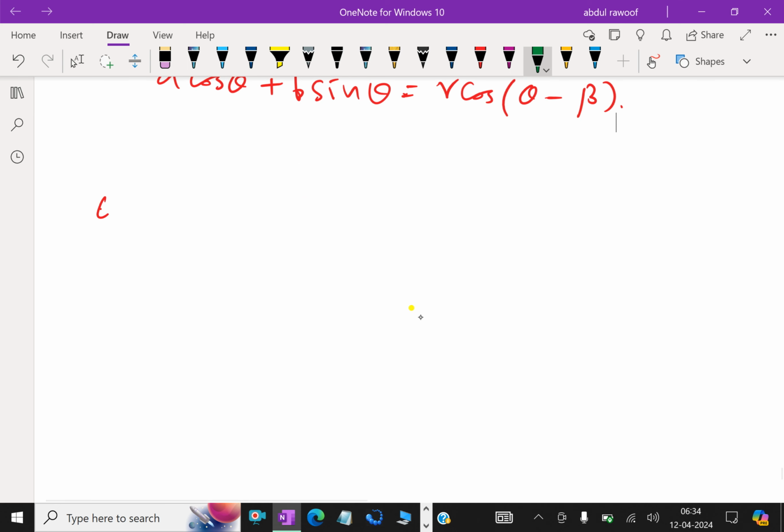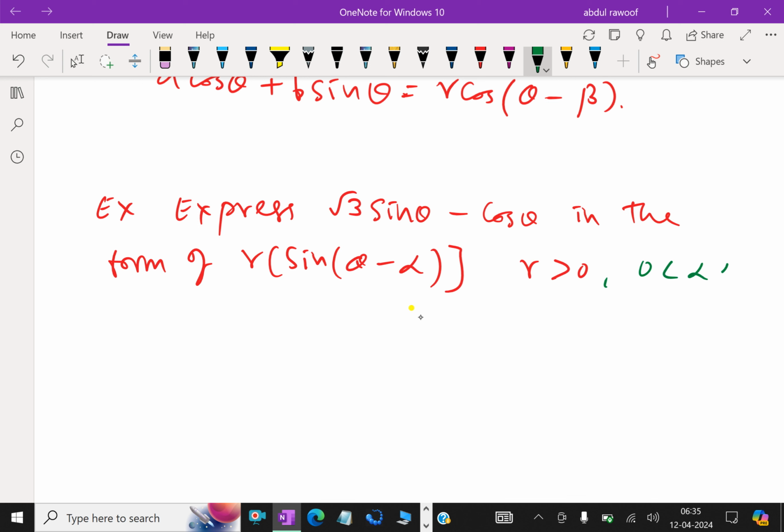Express root 3 sin theta minus cos theta in the form of R sin(theta minus alpha), where R is greater than 0 and 0 is less than alpha less than pi by 2.